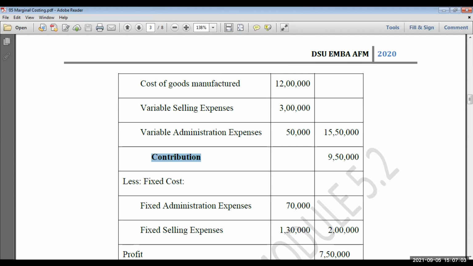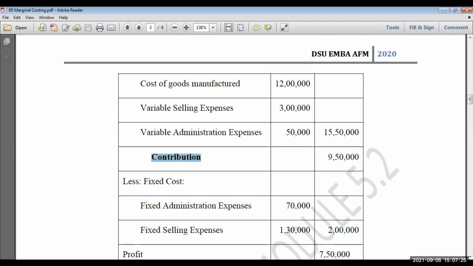The difference between the existing total cost and the new total cost after I produce one more additional unit is called marginal cost. If I have not reached the maximum capacity, the marginal cost will always be equal to variable cost.